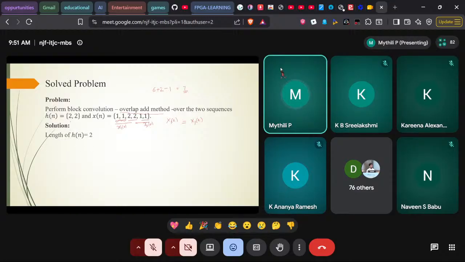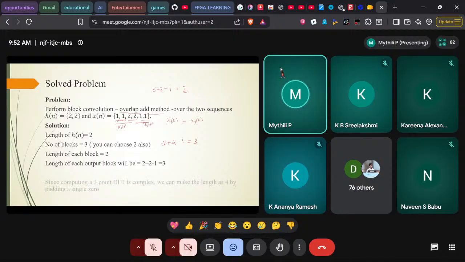So the length of h of n is 2. I'm going to take 3 blocks. So length of each block is going to be 2. So to perform block convolution, each block must be made to a size equal to 2 plus 2, 4 minus 1 is equal to 3. 3 is a little difficult, right? So we can make it 4. So length of each output block will be 3.